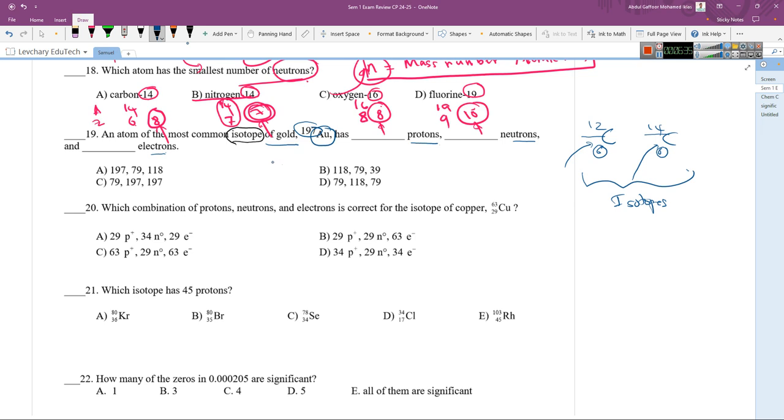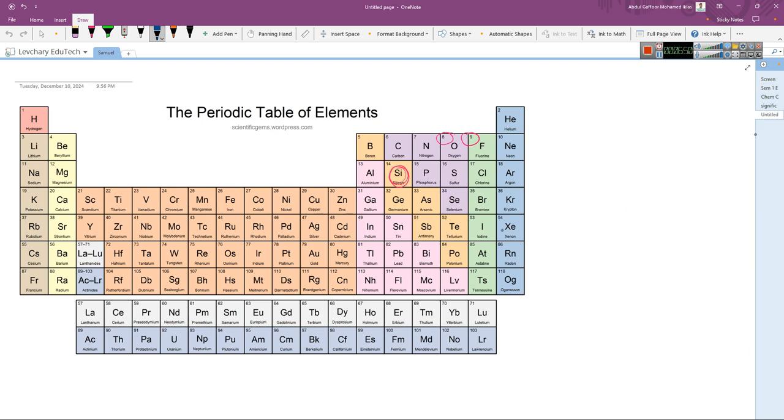So what's the atomic number of gold? I look at the periodic table, right? Can you look at the periodic table and find the atomic number of aurum? 79. Here you can see 79.